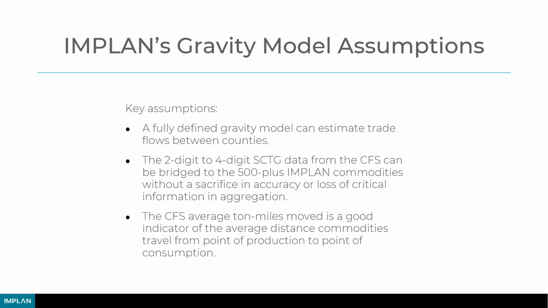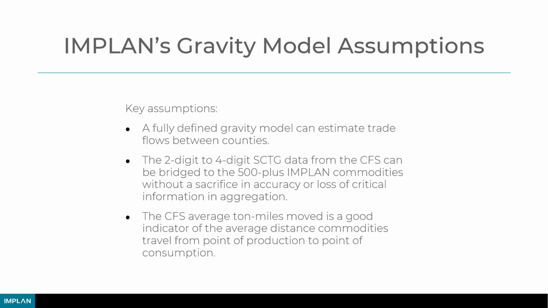A few key assumptions to keep in mind. One is that a fully defined gravity model can estimate trade flows between counties, and I think that walking through and understanding what we mean by the gravity model makes this a reasonable assumption, right? So that the degree to which goods are shipped from one region to another based on the supply and the demand of each of those goods flows from this gravity model. The second is that we can make these data sets talk to each other.